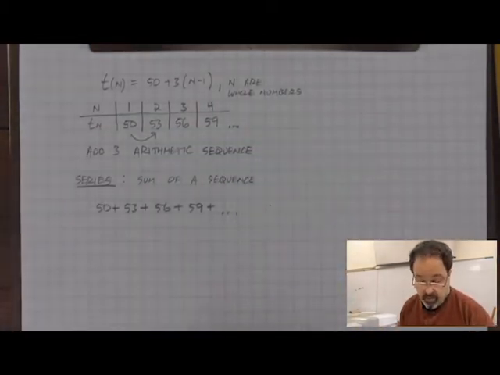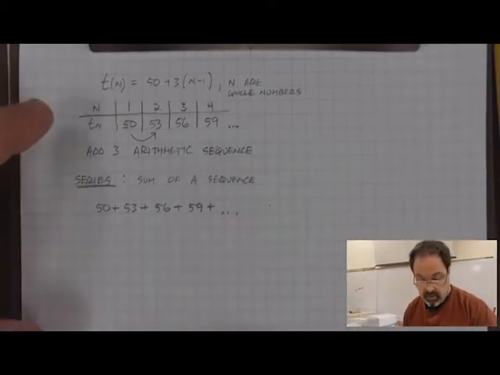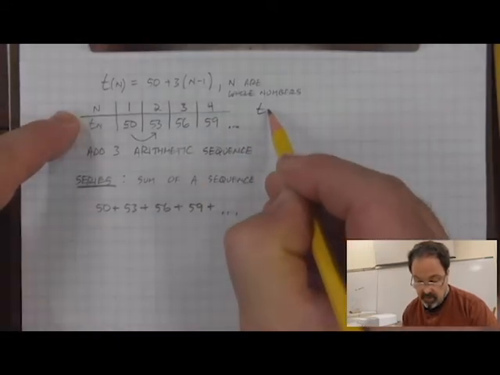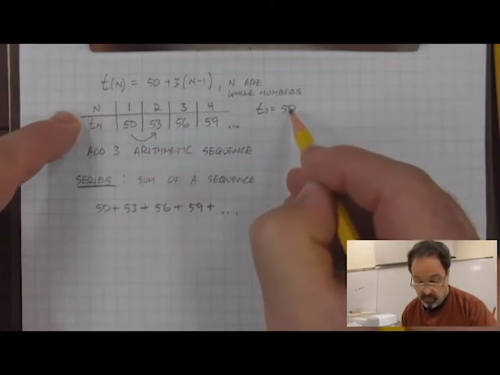And just like a sequence where we can observe rules and have notation and symbols for values in certain positions, we can do the same thing with a series with the addition of thinking of a series as a sum of terms as well. In this case, we could use the notation t sub 1, the value of the first or initial term, is 50.